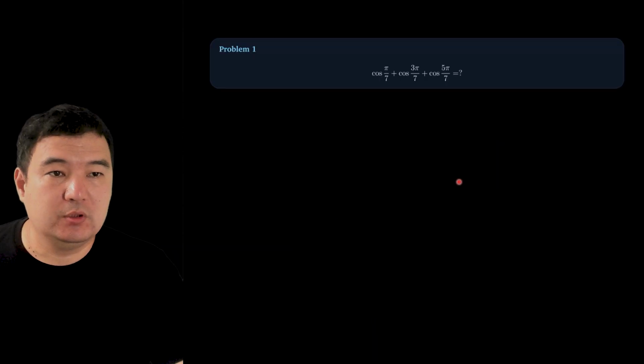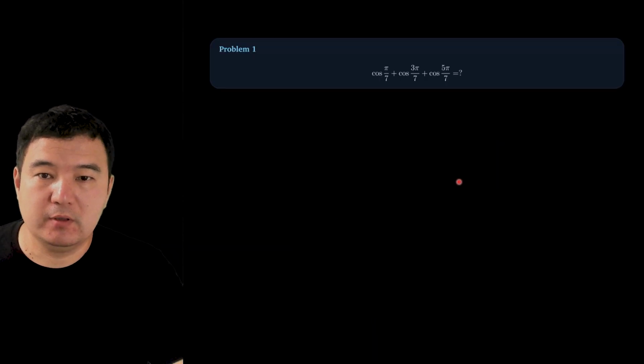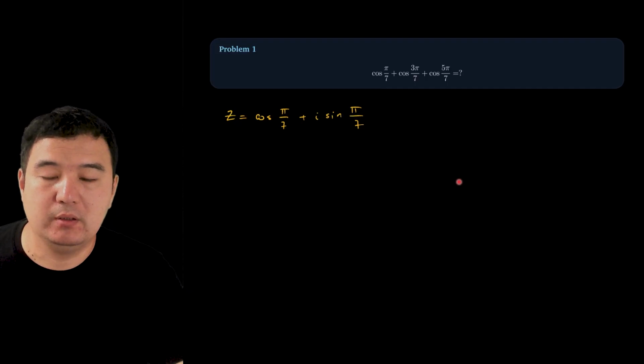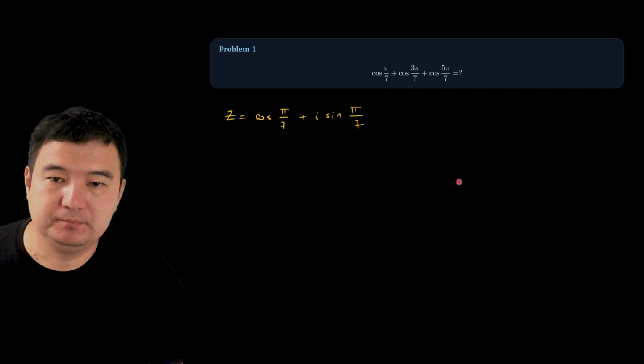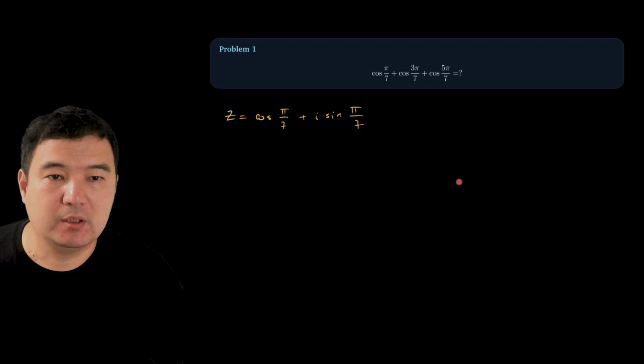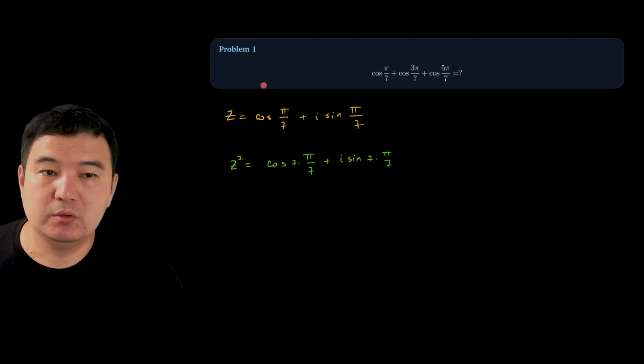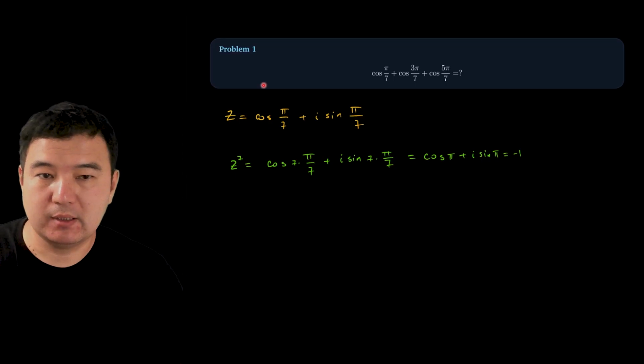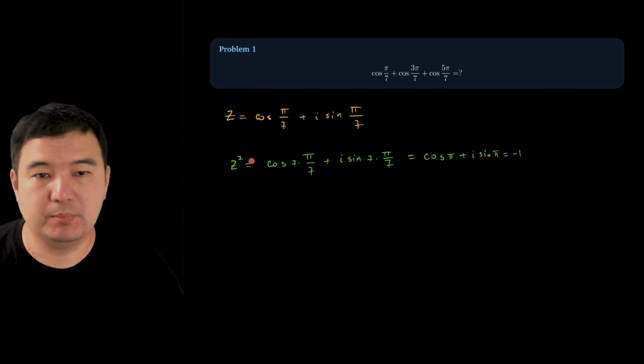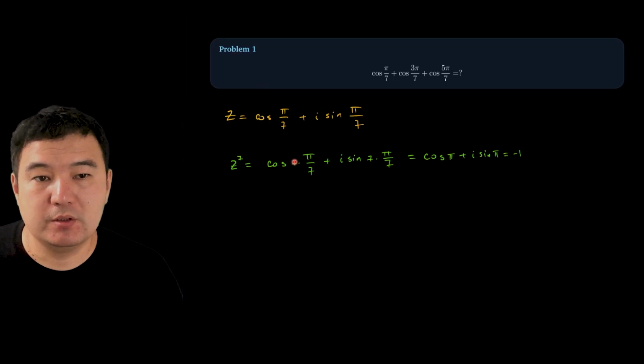So let's move on to the first problem. For the first problem, I'm going to use the following complex number with the angle pi over 7, because we have cosine pi over 7 here. If you want the 7th power of that number, which is a very important property, you just need to multiply the arguments by 7.